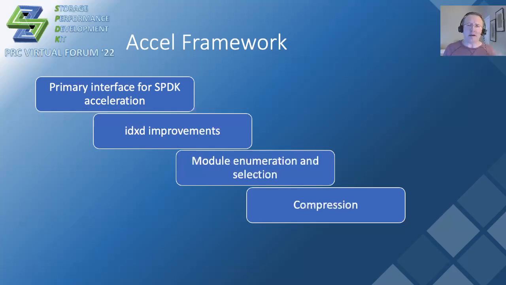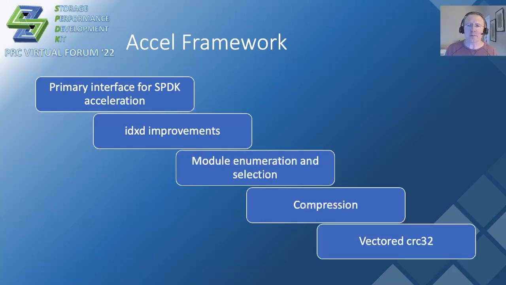I talked about compression. So pulling in compression is another operation in the accel framework. And also vectored CRC32. In SPDK, we have a lot of cases where we have maybe a bunch of 4 kilobyte data buffers that we need to perform CRC on.